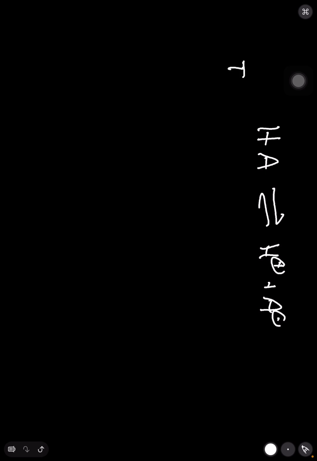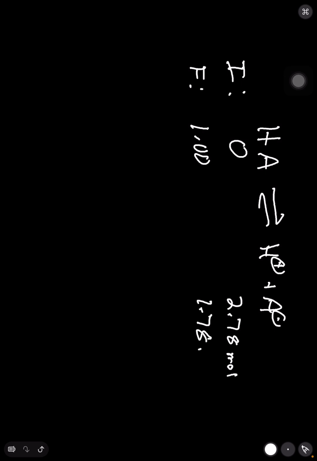All right, so if we're looking at this, just to sort of remind us where we're at, at the beginning we have 2.78 moles of the base form, and we have 0 of HA. We want to end up with 1 mole of this and 1.78 of this.